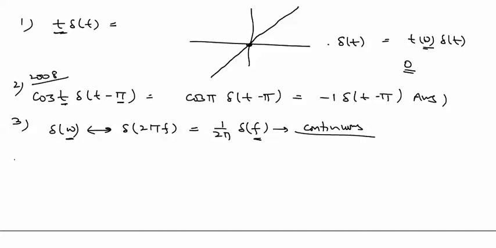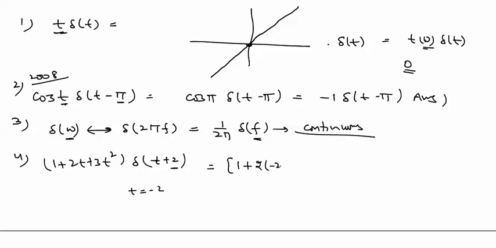One more example. For 1 plus 2t plus 3t square del t plus 2. For solving this expression, the impulse is located at the minus 2 location. By putting this value in, we get the strength of the impulse: 1 plus 2 times minus 2 plus 3 times minus 2 square, del t plus 2.